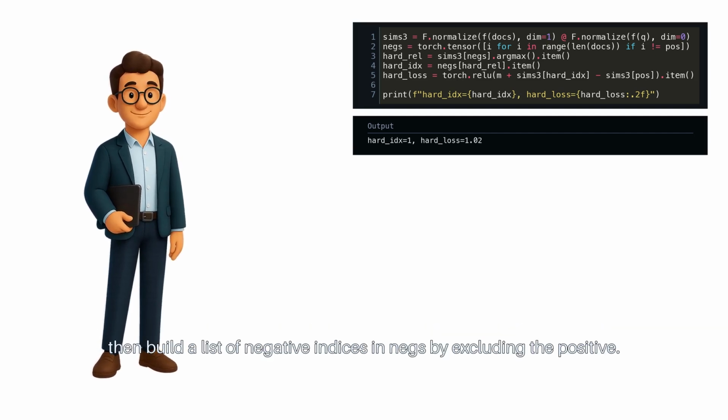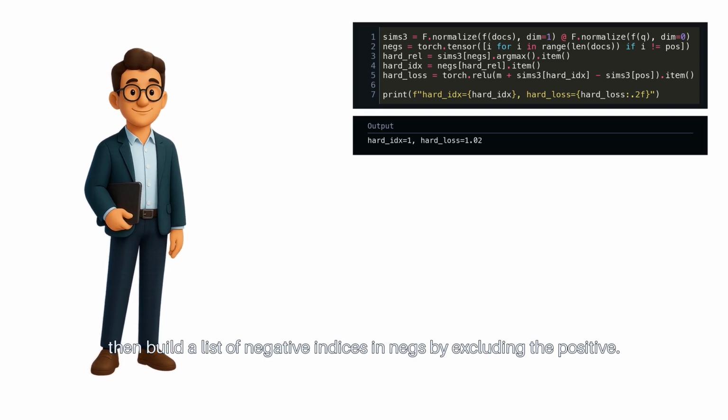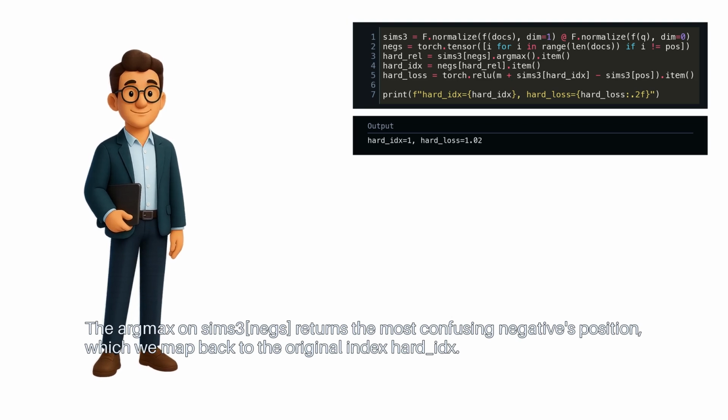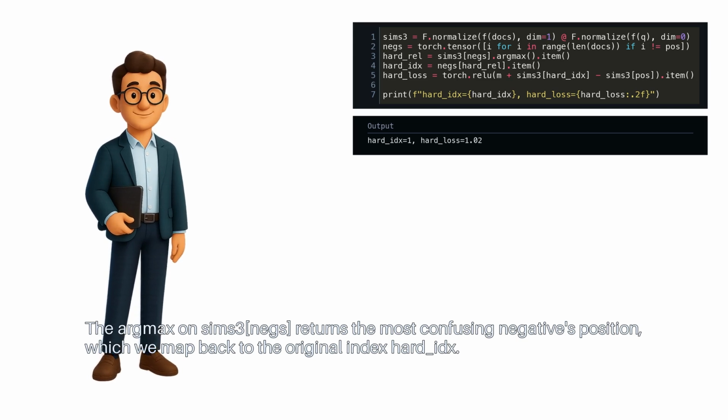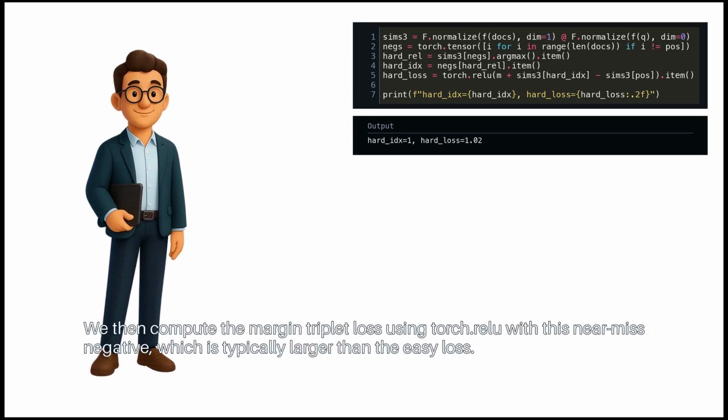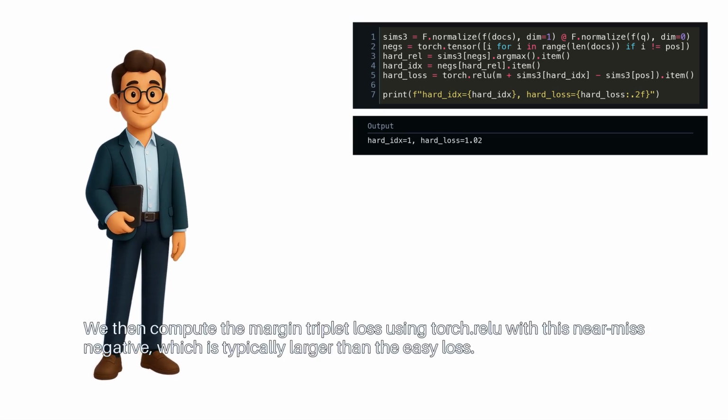Then build a list of negative indices in negs by excluding the positive. The argmax on sims3 negs returns the most confusing negative's position, which we map back to the original index hard idx.